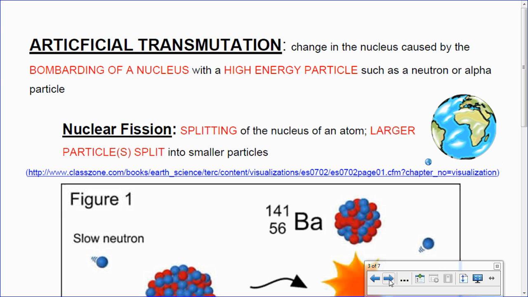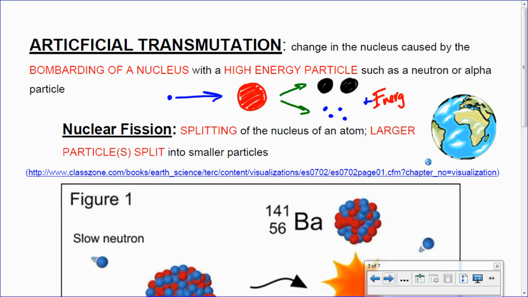So it's like we're shooting pew pew particles at a bigger nucleus. And as a result, sometimes you get things to fall apart. And you get maybe a smaller nucleus or two and some other particles that come out of it. And every time this happens, you get energy. Lots and lots and lots of it.